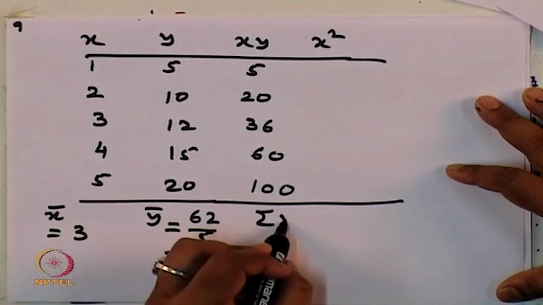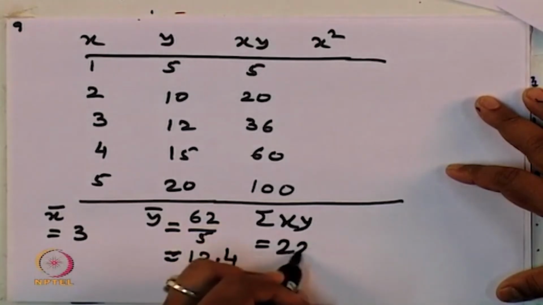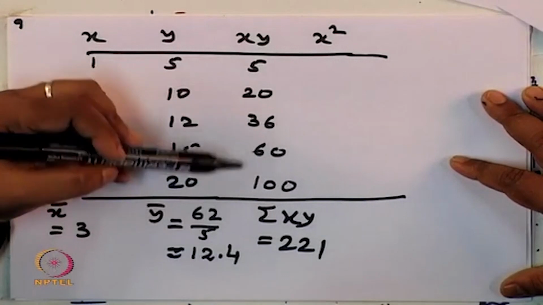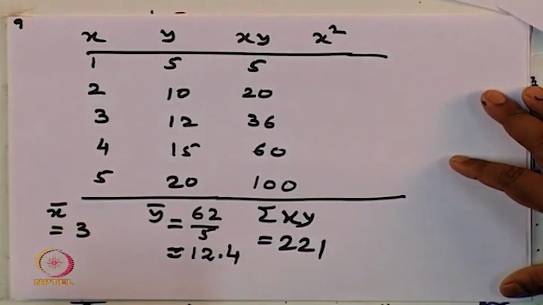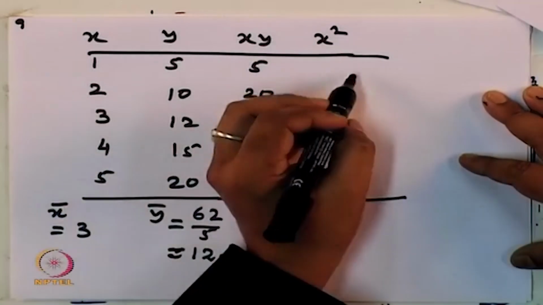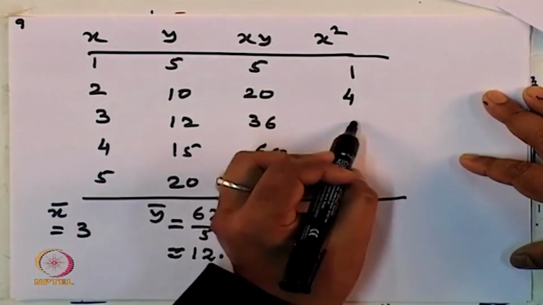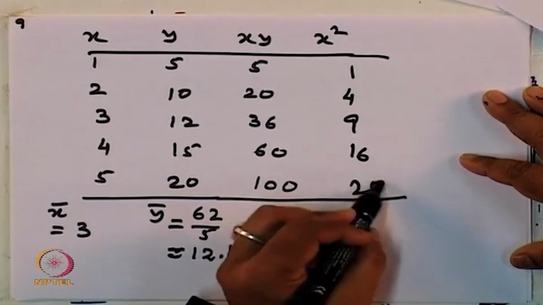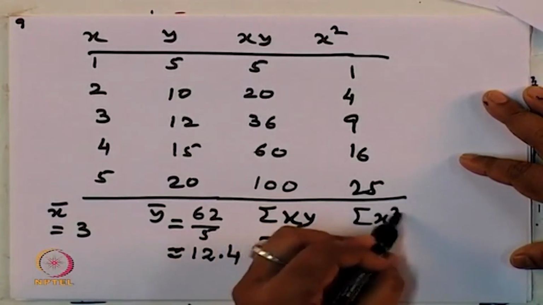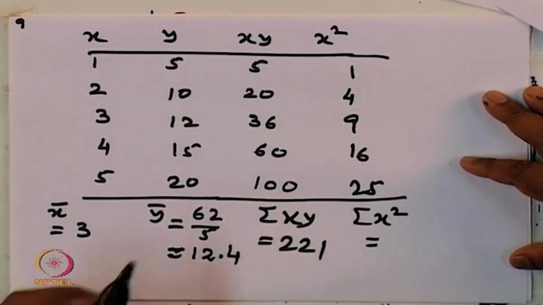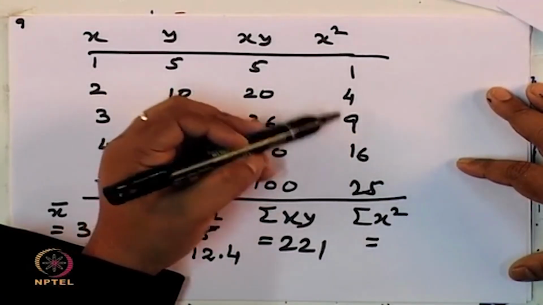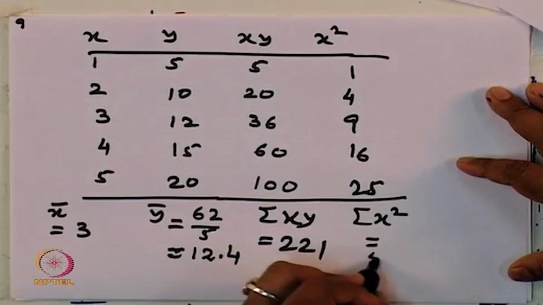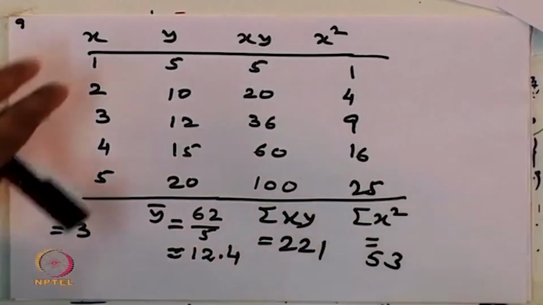So, summation x y becomes 221. Let me cross check again: yes, 221. x square is 1, 4, 9, 16, 25. So, summation x square is equal to 53.